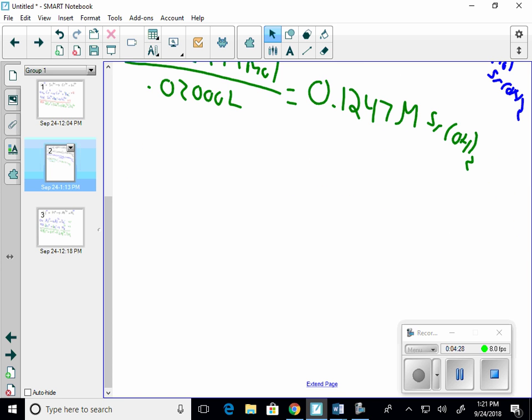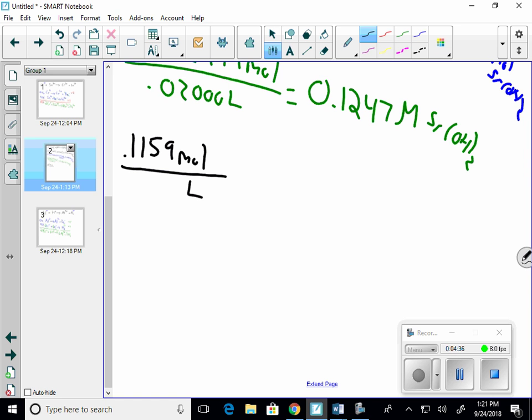So I'll show you how I would set this up instead. I'm just rewriting molarity as moles per liter, because that's what molarity is. The reason why I write it that way is it allows me to cancel out units pretty easily. So I'm going to multiply by my liters in that step 1, which was the 4303.